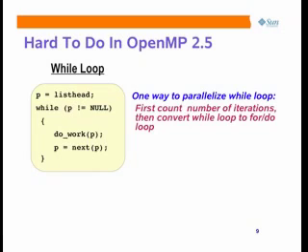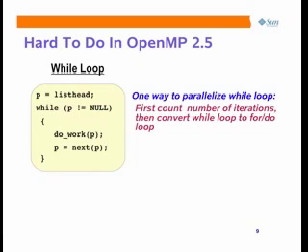As long as P is not null, we do work on whatever P is pointing at, and then we go on to the next pointer P. Now, this was hard to parallelize in specification 2.5 because you had to first count the number of iterations, then convert the while loop to a do loop or a for loop, and then parallelize that. So that was not very easy to parallelize in 2.5.